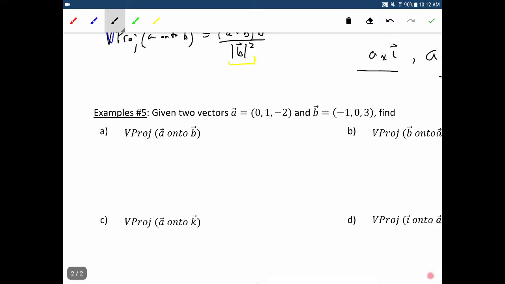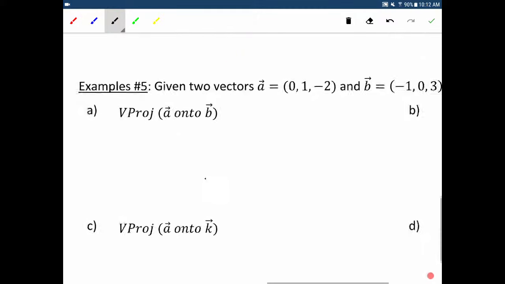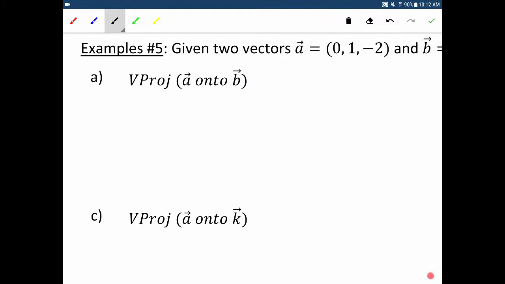All right, so let's try a couple here. So there's A and B. I'm going to project A onto B. So I'm going to use the dot product version. So I'm going to say A dot B, project that onto B and divide it by the magnitude of B squared.